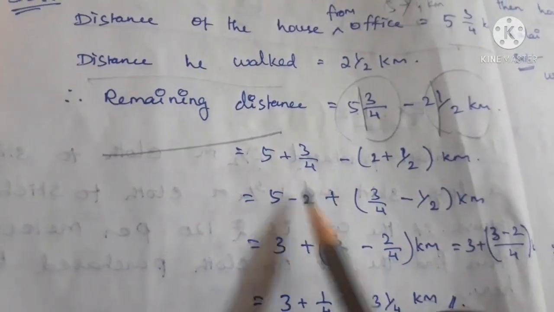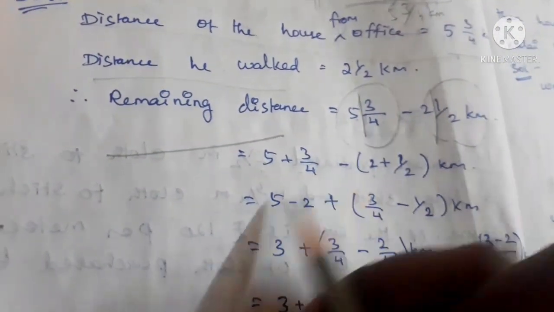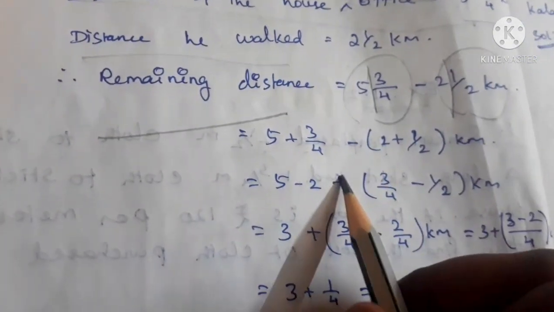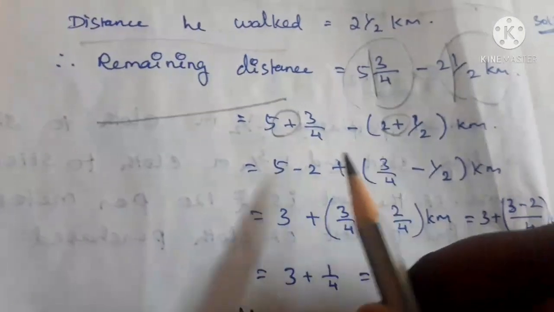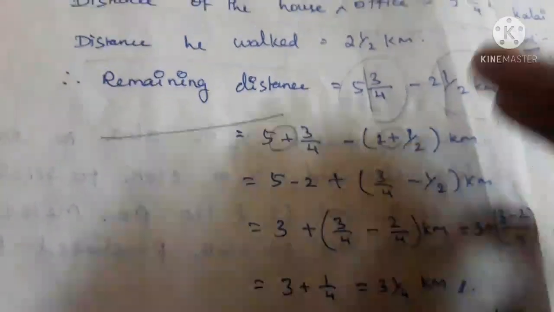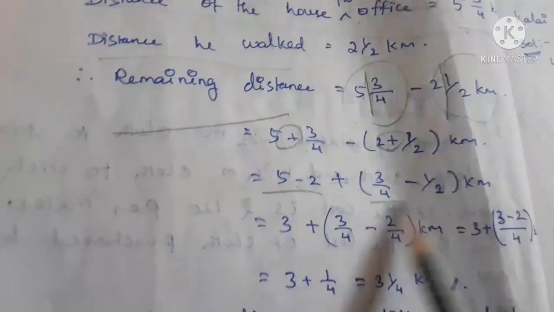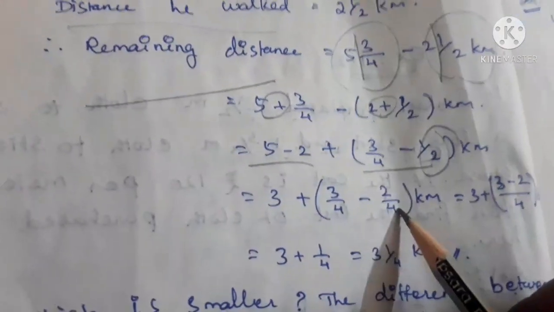You should keep it in mind, when this is plus, then you should add these two. When this is minus, you should not put plus in the middle, because this plus we are taking in common. But here between the numbers you should just put the subtraction symbol, because it is subtracted in the answer. So 5 minus 2 is 3, and 3 by 4 minus 1 by 2 means you should convert this into an equal fraction, which is nothing but 2 by 4.